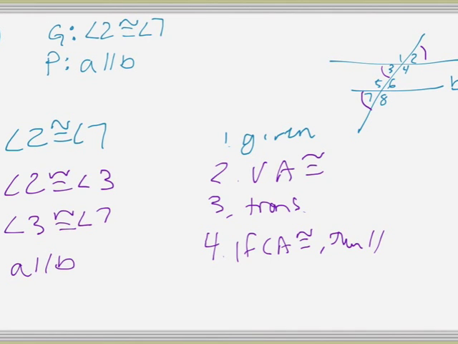Which is like question 20, which you will be doing for homework. So for question 20, you need a picture. I would suggest the same picture. Question 20 says if interior angles on the same side are supplementary. So in this picture, what would be a pair of same side interior angles? 3 and 6, or 4 and 6. So 4 plus 6 equals 180 is our given. A pair of same side interior angles are supplementary.